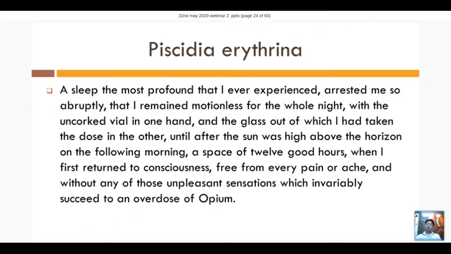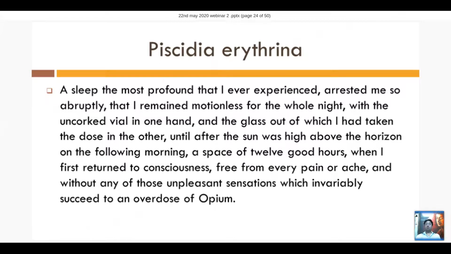Now, just read this. What is written in the proving? And in this remedy, this is the only thing which is important. A sleep the most profound that I ever experienced. Now, these are the symptoms from the proving. You will get them from, I think, Clarke or Allen's encyclopedia.